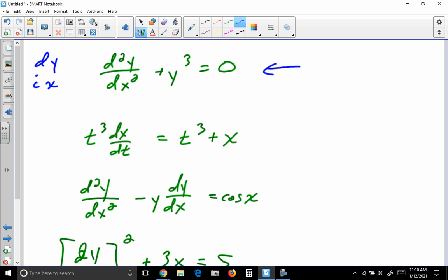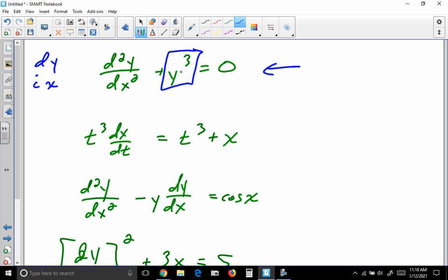So we cannot have our dependent variable to a power other than 1. If it's going to be linear, our dependent variable has to be to the first power, and our coefficients have to be just x's. Notice here, our dependent variable is raised to the third power.